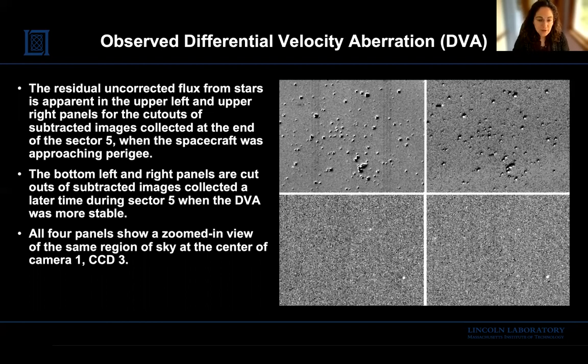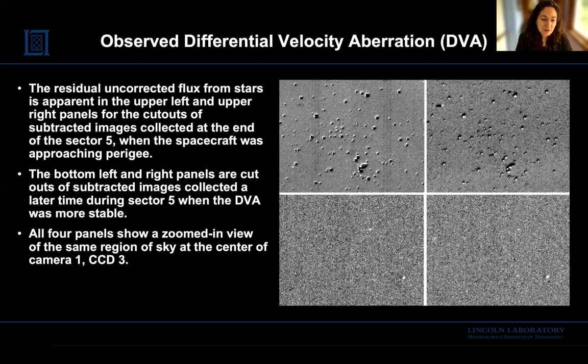And because of this, the apparent angle of the incoming light is shifted and the stars appear to shift slightly on the focal plane. And so these apparent shifts on the focal plane show up as small variations in stellar position. So when we subtract our median, it doesn't perfectly subtract at all times.